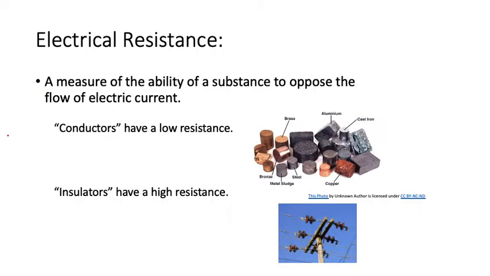So if we take a look at electrical resistance, in general, you can think of it as the ability of a substance to slow down electrons or oppose the flow of electrical current. So when you think about it, it's really quite an easy concept, and you know this. You know conductors from our study of chemistry, and you know that metals are good conductors, and so they have a very low resistance.